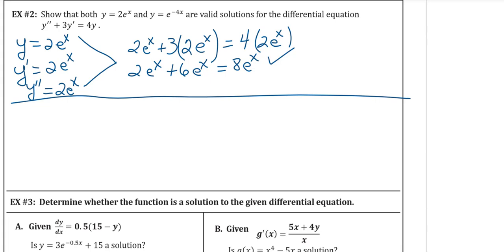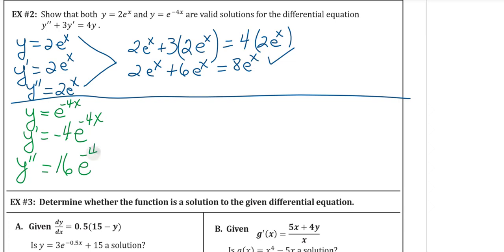Now let's do it again, but we're going to use the other equation, y = e^(-4x). We take the derivative of that and get -4e^(-4x), and then we need the second derivative, which is positive 16e^(-4x).